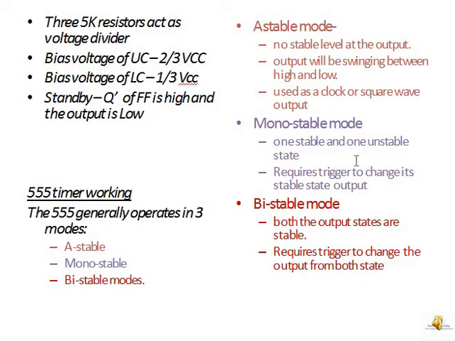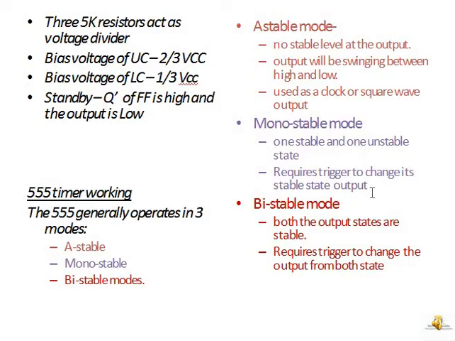The next mode of operation is monostable mode. It has only one stable state, and it requires an external trigger for changing the output from the stable state to the quasi-stable state.